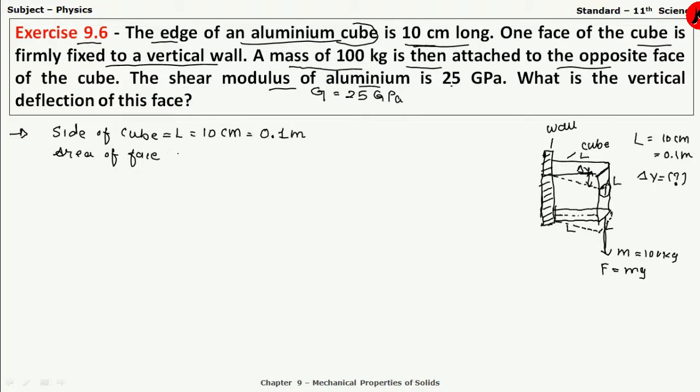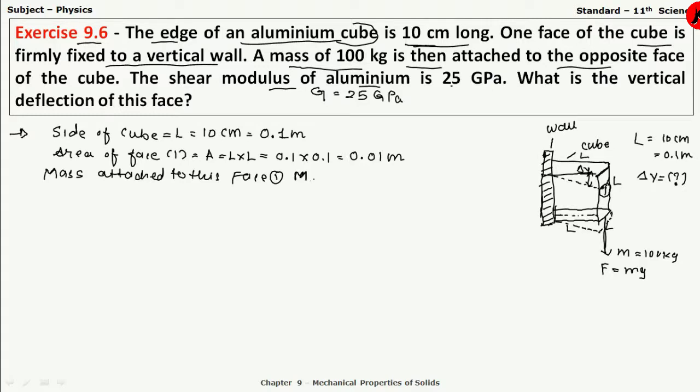Area of face 1, A equal to L into L, 0.1 into 0.1 equal to 0.01 meter square. Right? And we have the mass attached to this face 1, m equal to 100 kg.